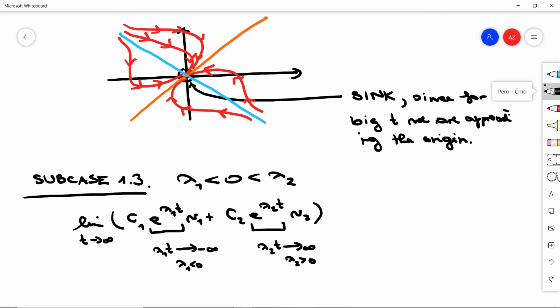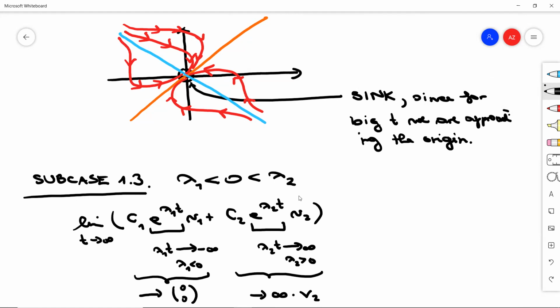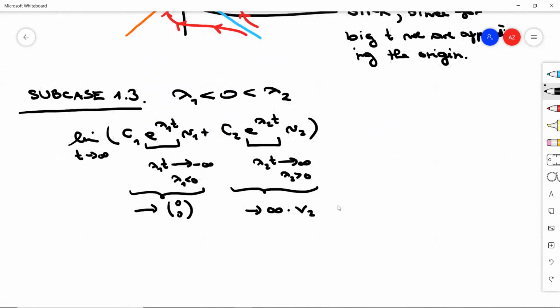This means that this part is negligible, because e to lambda 1 t goes to 0. That's why the whole first summand goes to the origin, so it becomes negligible, while the other summand goes in the direction v2, and its length is infinite. So this goes to infinity times v2, because e to lambda 2t becomes infinite. So the asymptote is the line in the direction of v2.